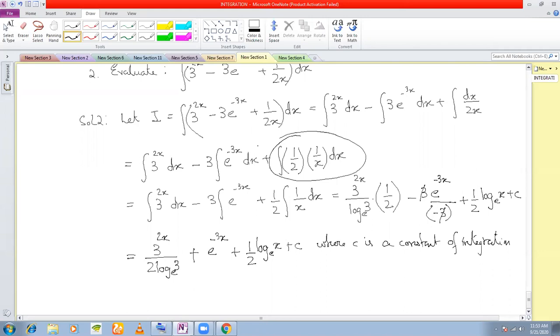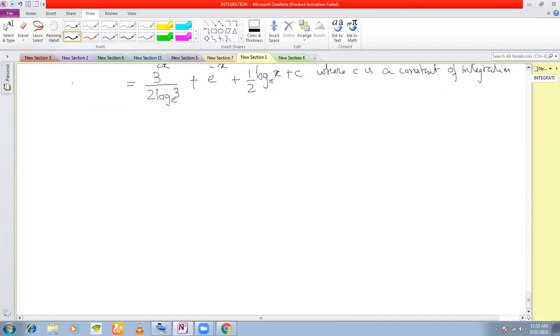So here the next problem that I am going to give you is this one. Number 3. Evaluate the following integrals. Let me give you 2 or 3 problems together.